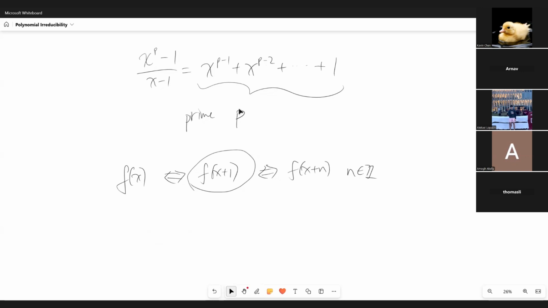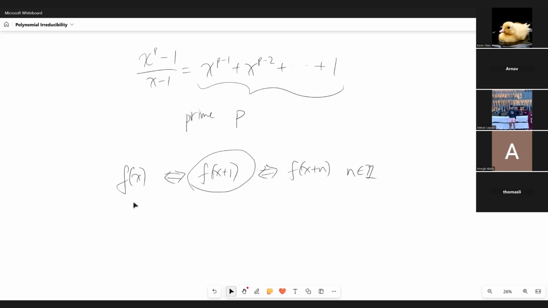But in general, just remember that these substitutions might not work, especially if we have a really large polynomial.